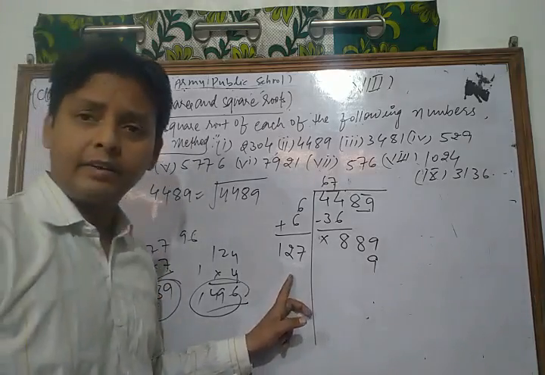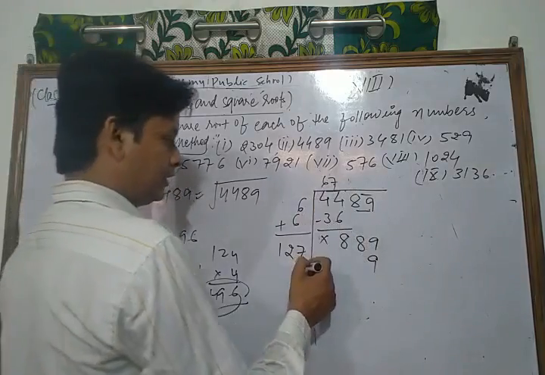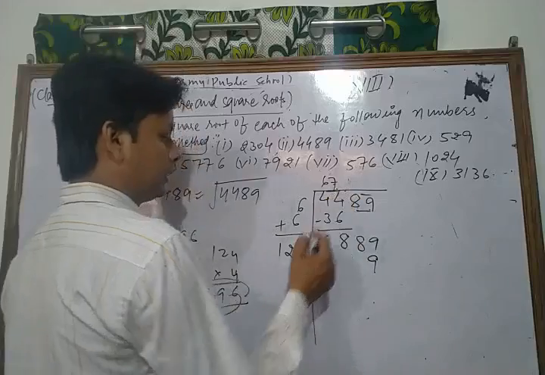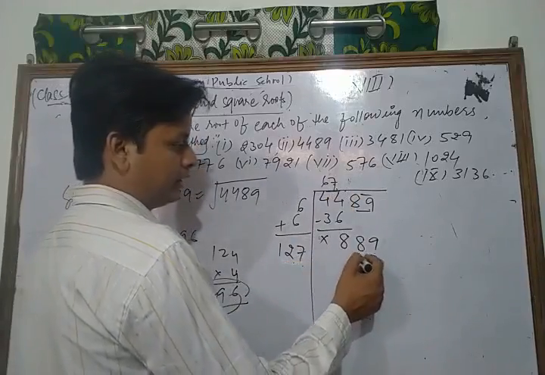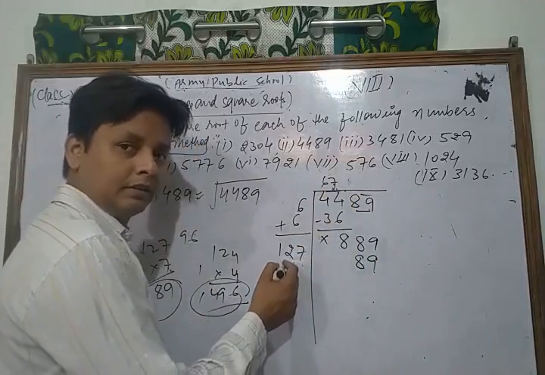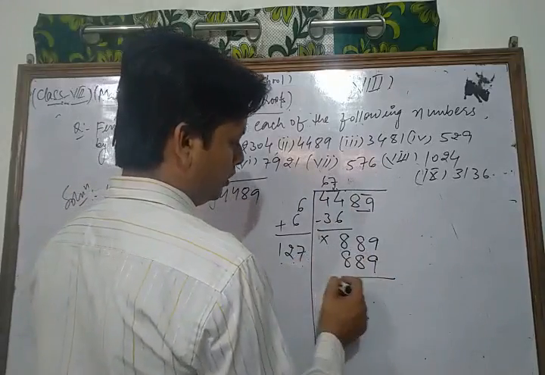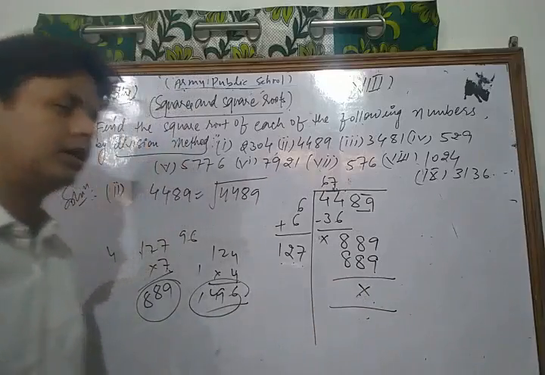So we take 7 times. Our remainder becomes 0.